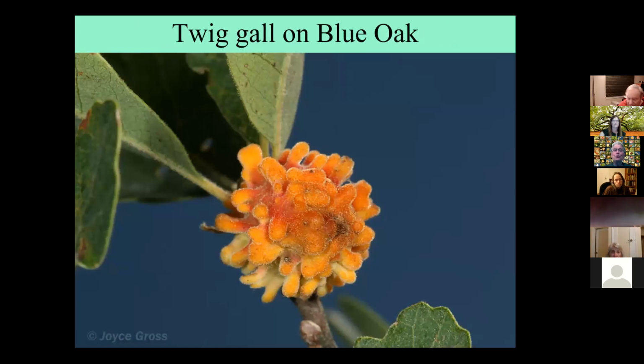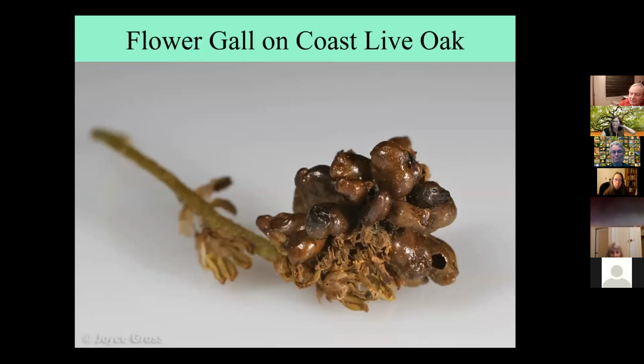All right, here's a twig gall on blue oak. And this one actually looks a little like coral. And in fact, Corallina is the species name. It's very orange this time of year.